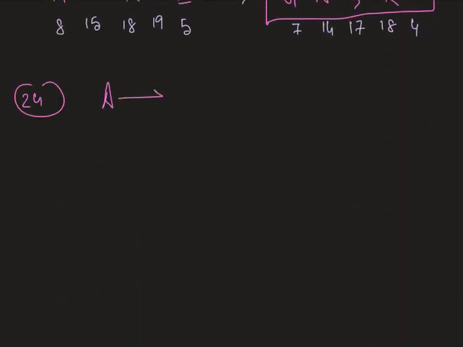A is coded as 2, B is 3, and so on. Therefore for Z we have 27.